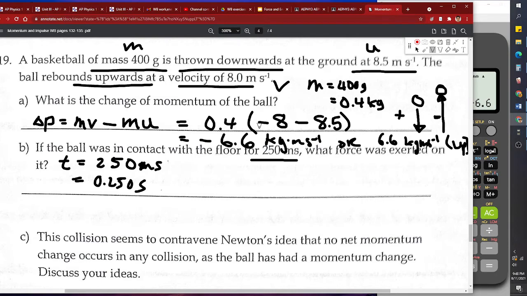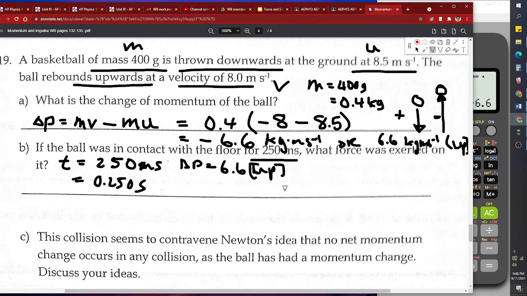What else do we know? We know the change in momentum from the previous question, 6.6. I'm not going to write out all the units again. You guys know the units, they're up here.